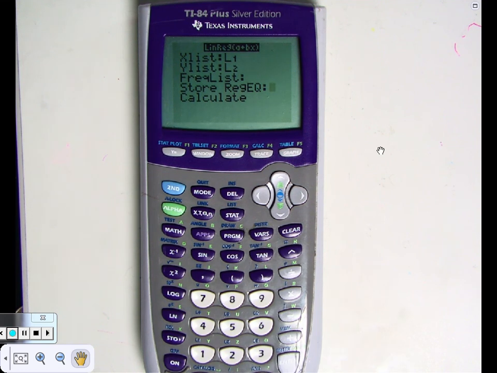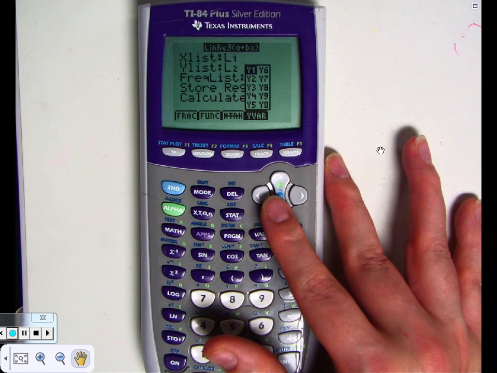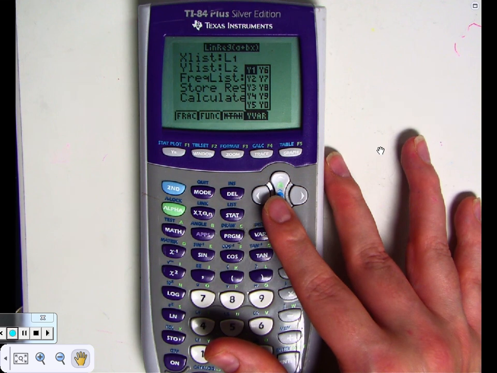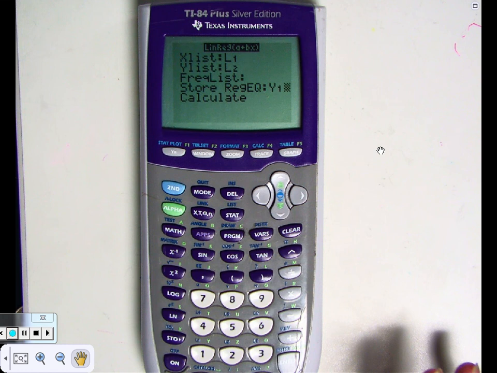Now if you want to graph the line or do any calculations with the line, you're going to want to store your regression equation. If you have a TI-84 that has been updated, you can hit alpha trace, and this will allow you to store that in Y equals. You can choose which Y to put it in. I'm going to put it in Y1, and it will program that in for you.